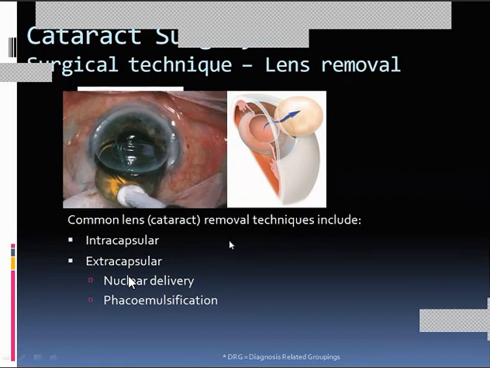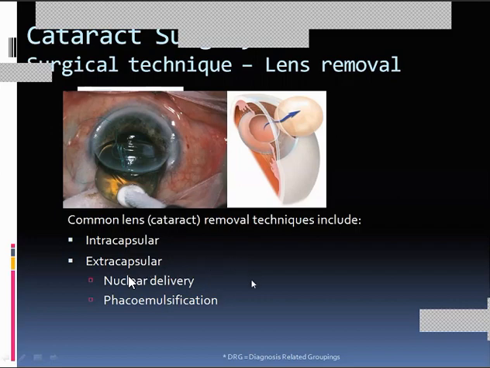Then cataractous lens removal may be intracapsular or extracapsular. Intracapsular means that when the cataractous lens is still in the capsule, we remove the lens along with it. That is intracapsular cataract extraction. Extracapsular cataract extraction means we are removing the cataract out of the capsular bag.